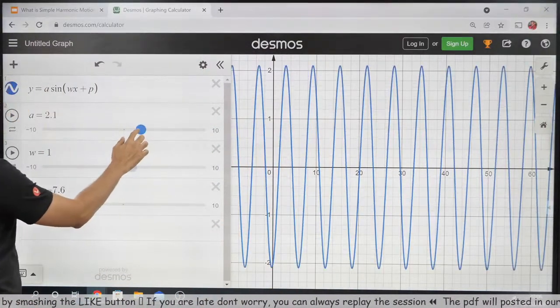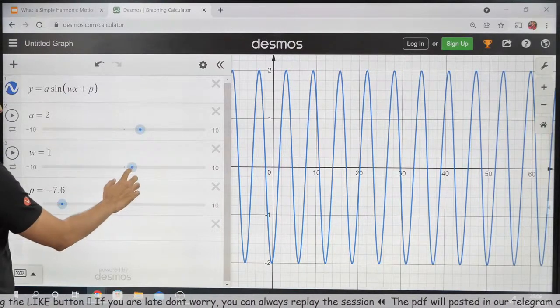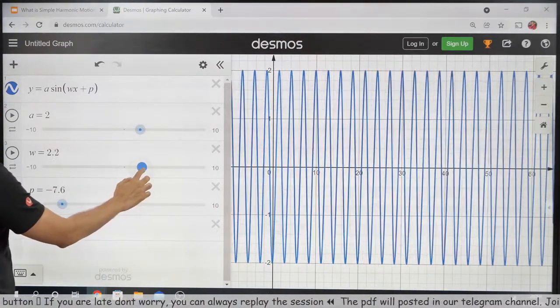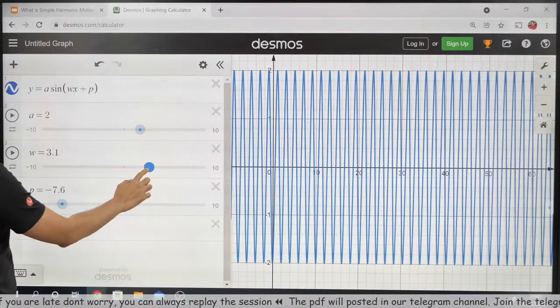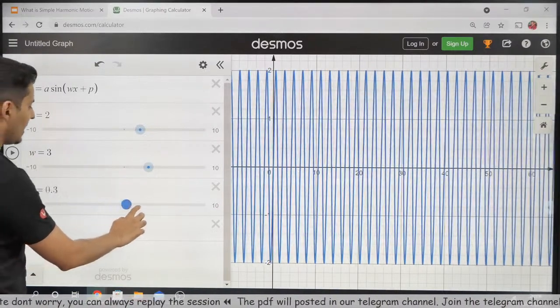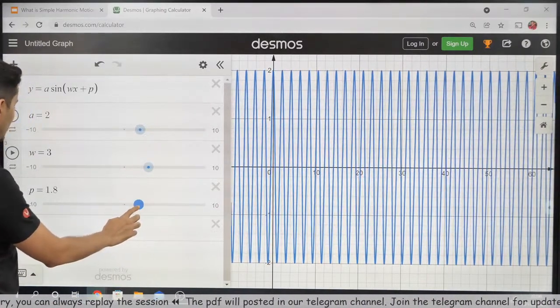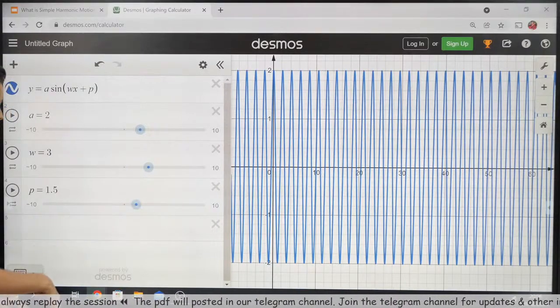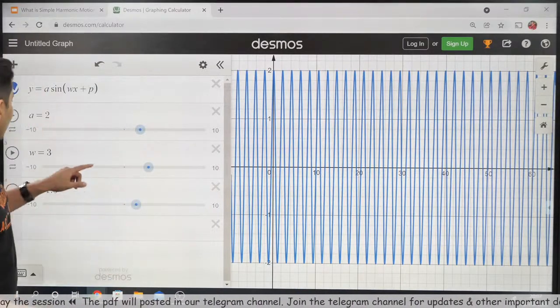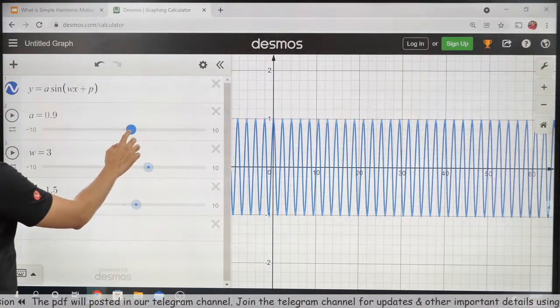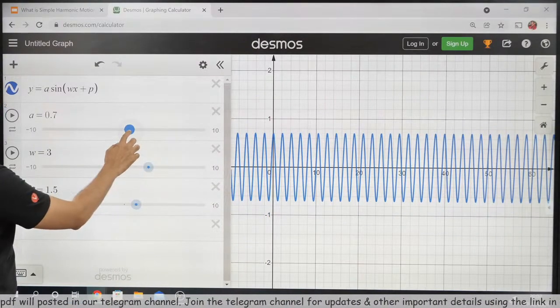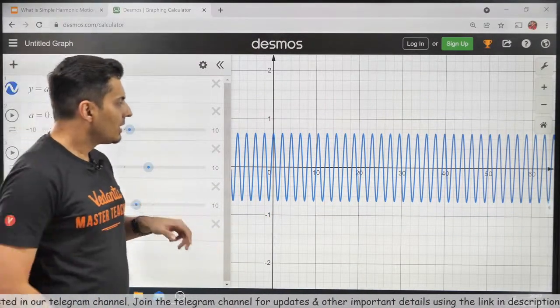So now let's try to analyze this. Imagine I choose this value to be 2. Imagine I choose this value to be maybe 3. And let's say I decrease this like this, 0.7.